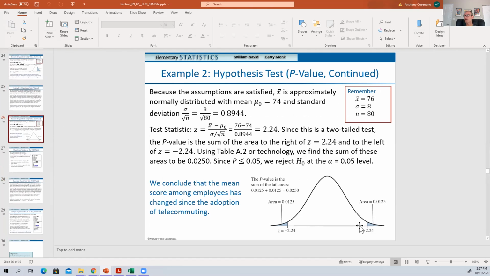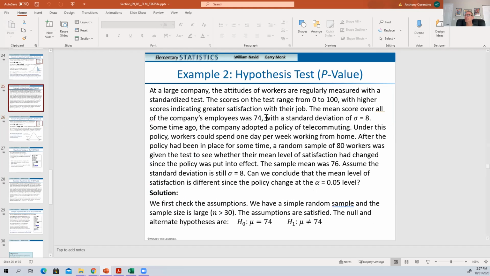But again, 0.0125 or 0.0126 multiplied by 2 gives you 0.0250. And you can see that again is half of 5%. So again, you can reject the null hypothesis, which would mean that the telecommuting is actually changing the mean of the original survey of job satisfaction.